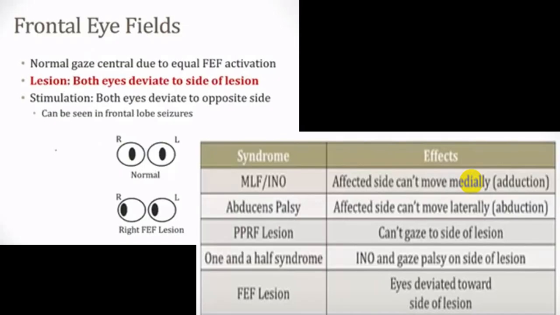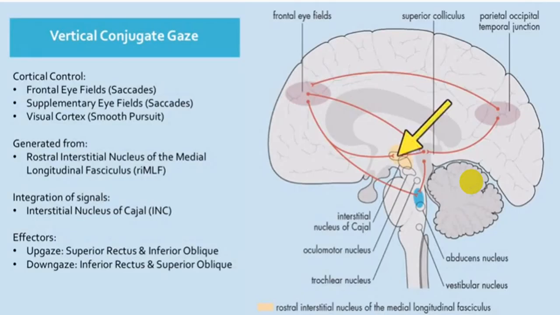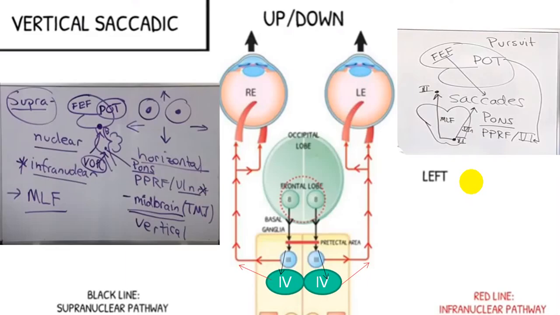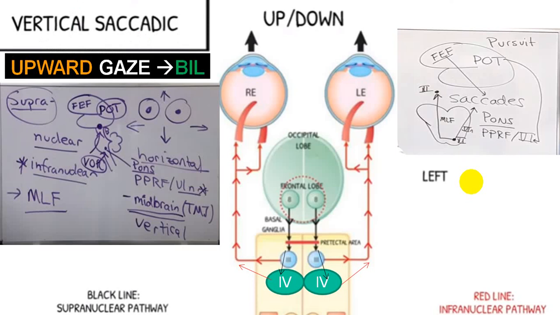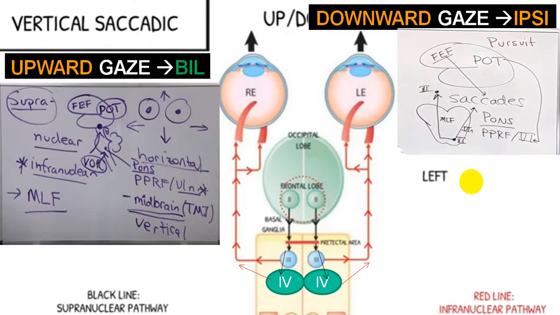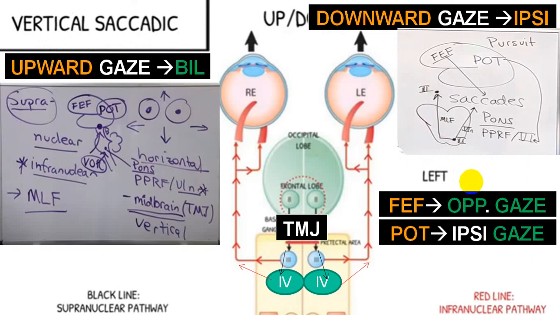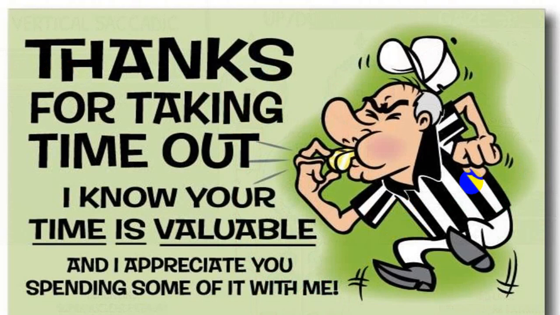This is frontal eye movement, eye fields, vertical conjugate gaze, how exactly it is working, what is a saccadic movement, what is a smooth pursuit movement, etc. Upward gaze, downward gaze, all those I will discuss in that chapter. At your leisure time you can go through.